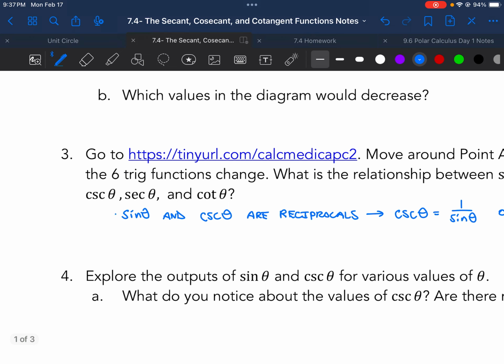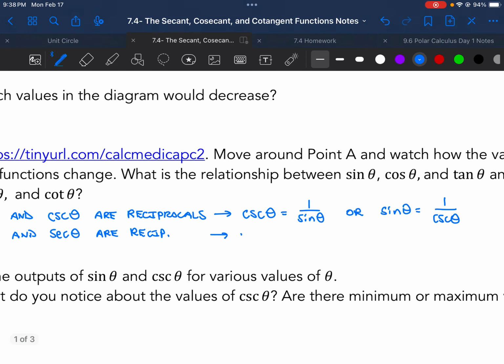The other relationships, there's 2 more that we need to draw. The cosine of theta and the secant of theta, SEC, are also reciprocals. So this means secant of theta is equal to 1 divided by the cosine of theta, or we could also say the cosine of theta is equal to 1 divided by the secant of theta.